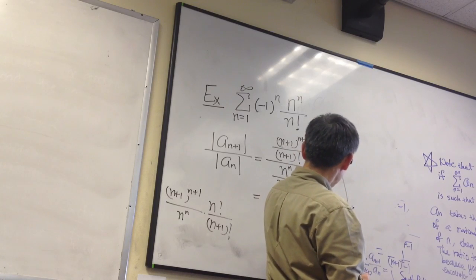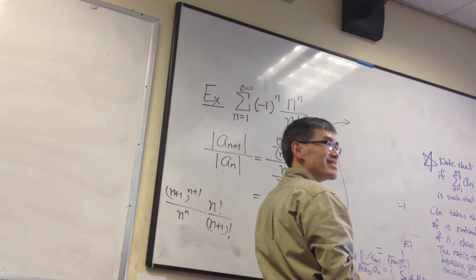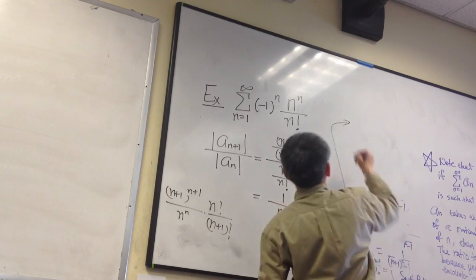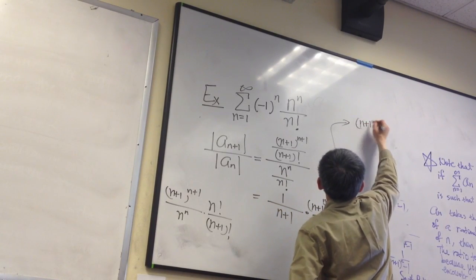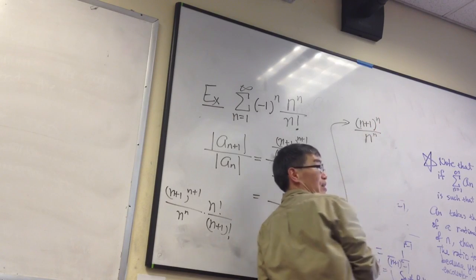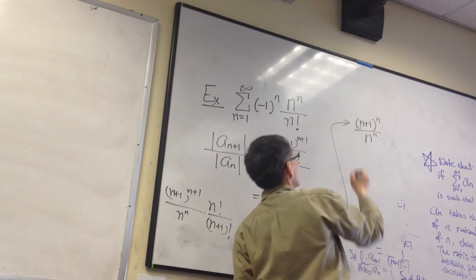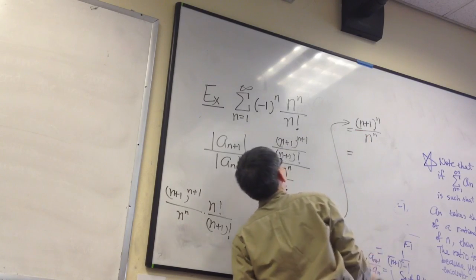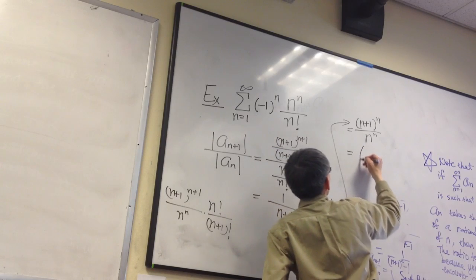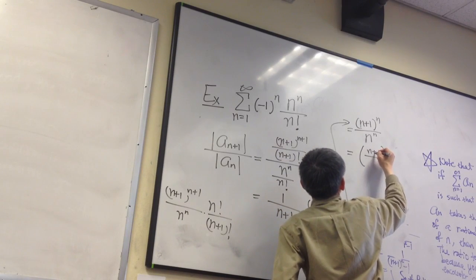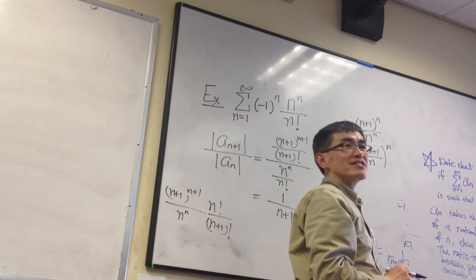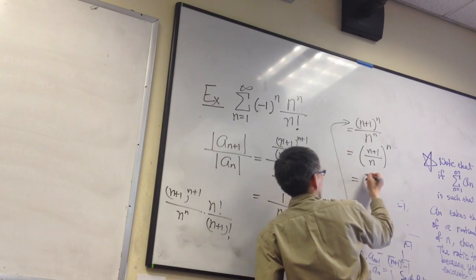Can I cancel out one factor of n plus 1 here? Yes? So that becomes n plus 1 to the nth power over n to the nth power. Is that right? So what is that equal to? And what is that?